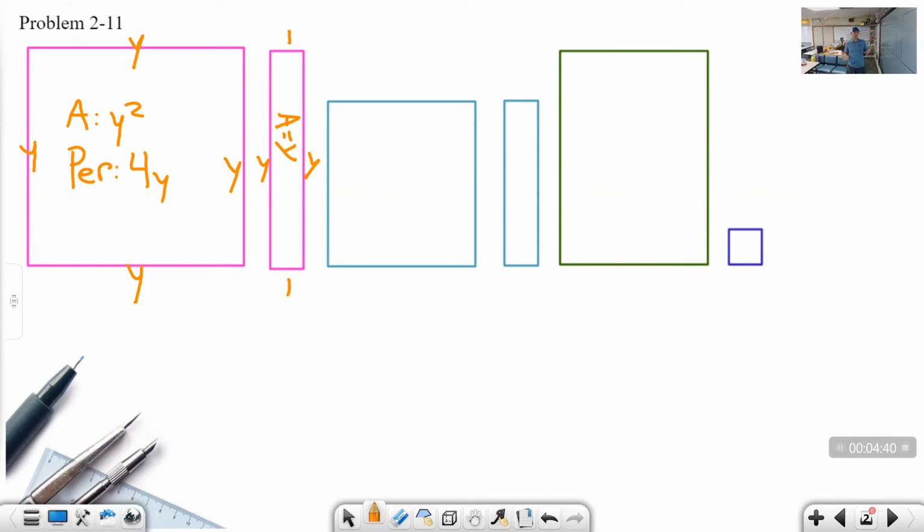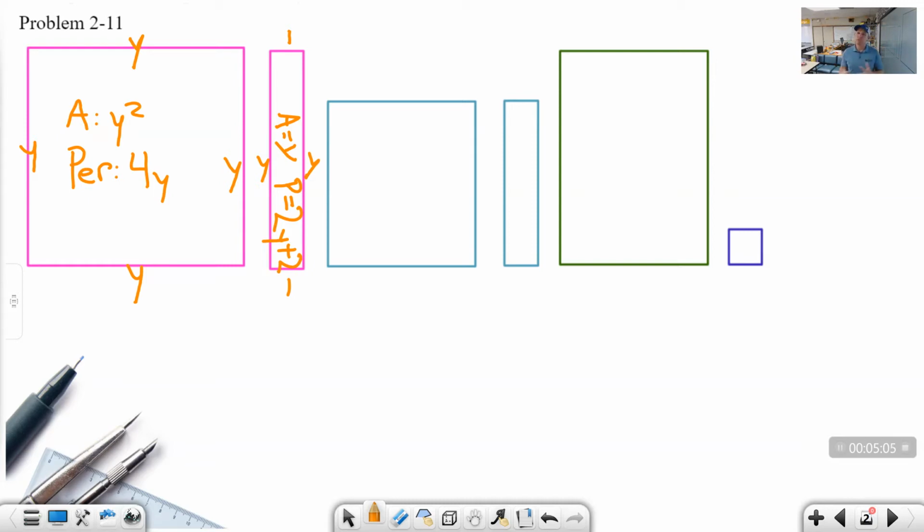So let's go around and let's go ahead and add up the perimeter. The perimeter is, and I think, how many y's do I have? Well, I see the two long sides, so that's going to be 2 y's. And how many singles do I have? Well, I have the two short lengths, 1, 2.